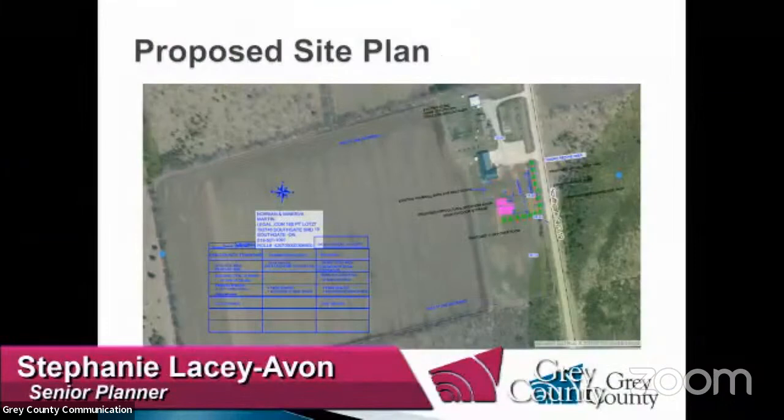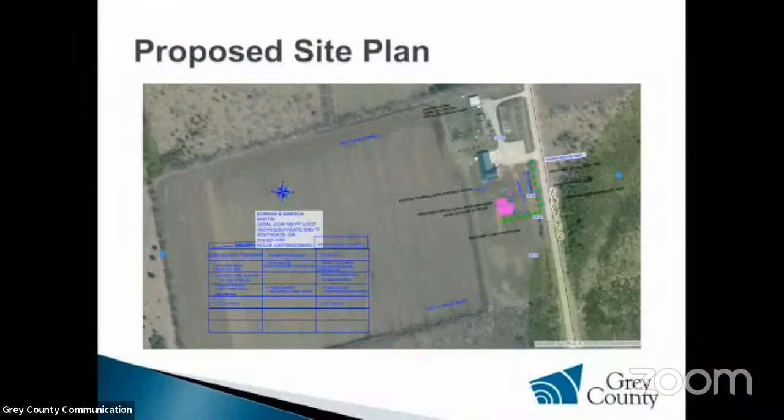So currently, this application is for an on-farm diversified use on an undersized agricultural lot, being 10 hectares in size. So this aerial image shows a great picture of where the shop is intended to go.